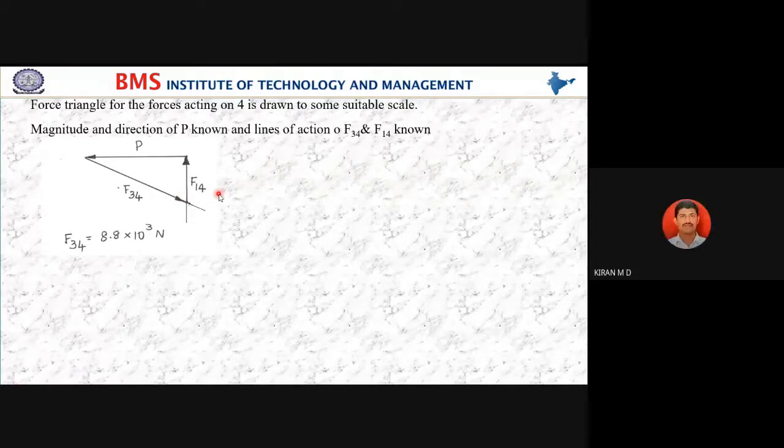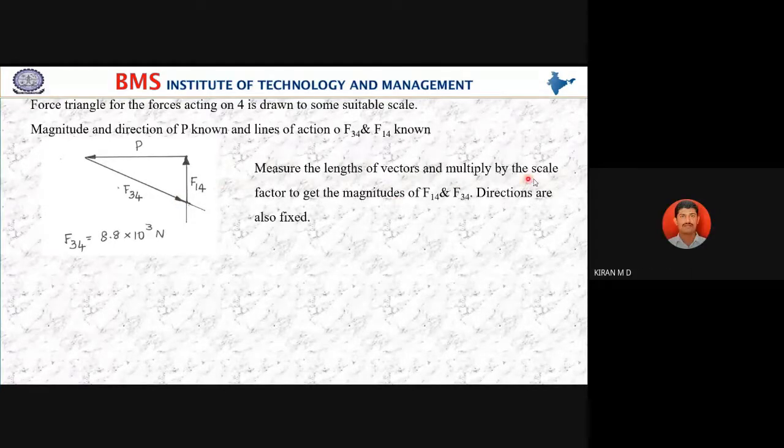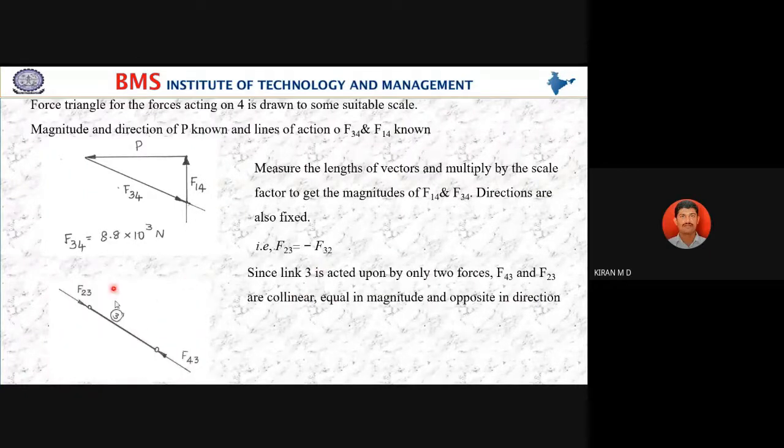Yes, sir. See, measure the length of the vector and multiply by the scale factor. The magnitudes of F14 and F34 directions are fixed. So now see here in this figure, F23 is equal to F32, since link 3 is acted upon by only 2 forces.